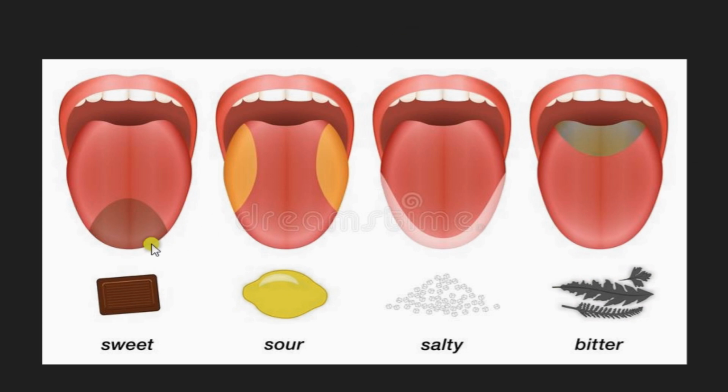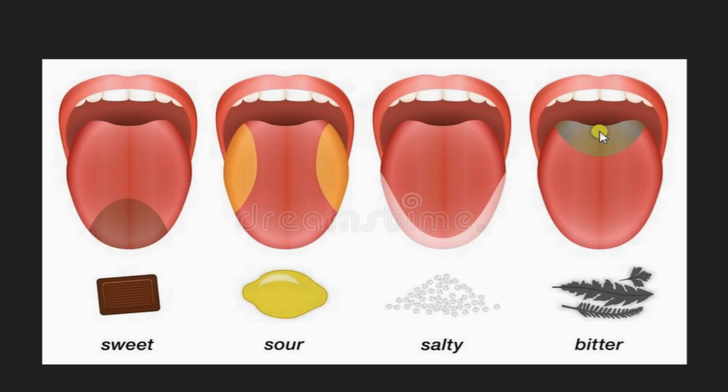Here you can see the different areas which identify particular tastes. Sweet is at the beginning of your tongue, sour is at the sides, then salty, and then bitter at the end, at the root of the tongue.